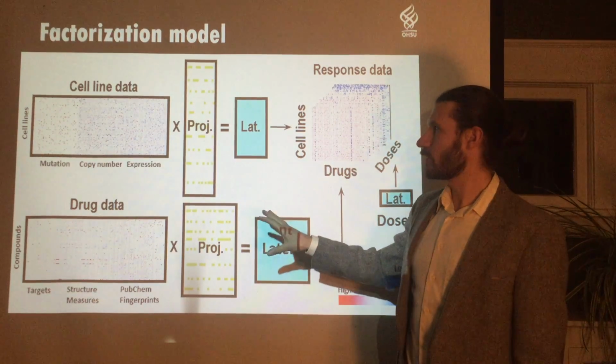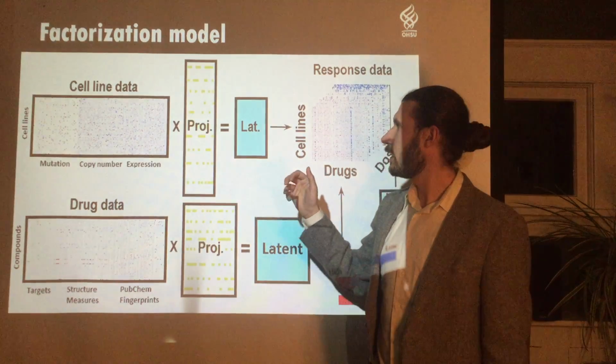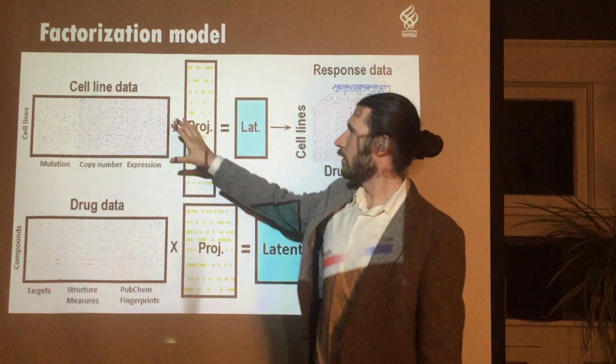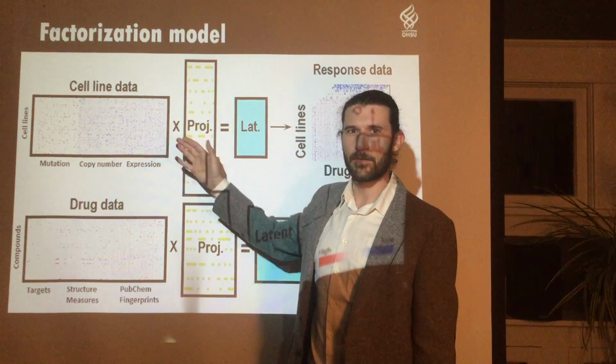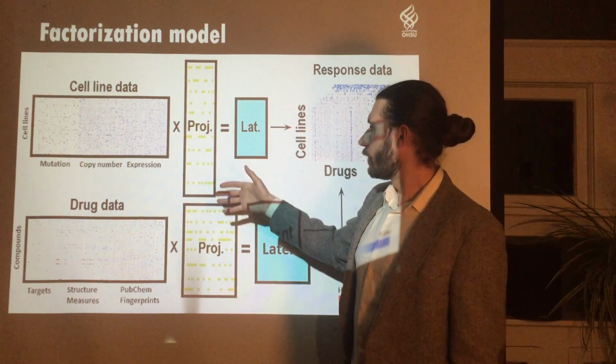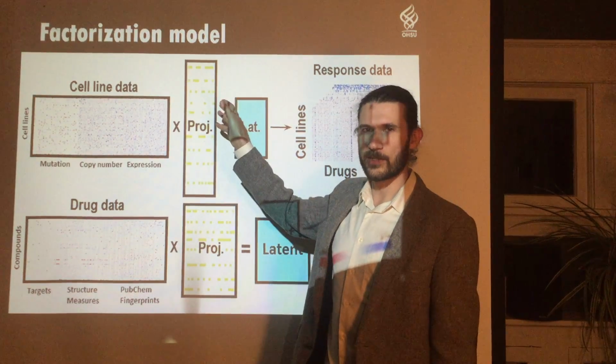And for those dimensions where we have some type of predictor data, that latent representation is required to be the product of our input information and some sparse projection matrix. So the projection matrix is sparse row-wise, meaning that most of the values here are 0.